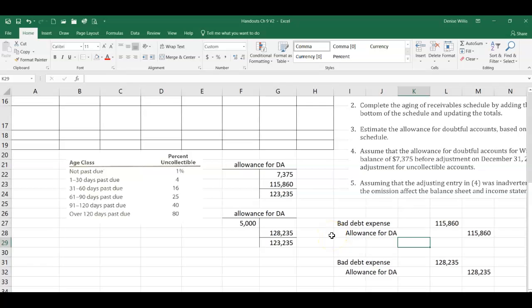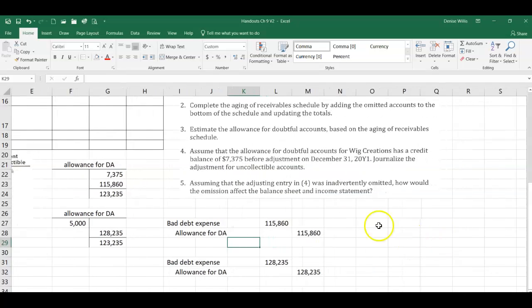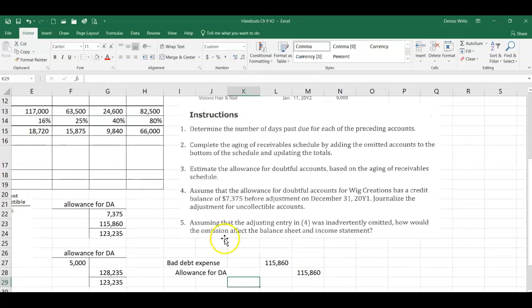Okay, now almost done. Over here, number 5, assuming that the adjusting entry in number 4 was omitted. We didn't do this right here is what they're saying. How would this omission affect the balance sheet and the income statement? Okay, if you did not do this, what is the effect? Well, you wouldn't be recognizing this expense, so your expenses would be too low.